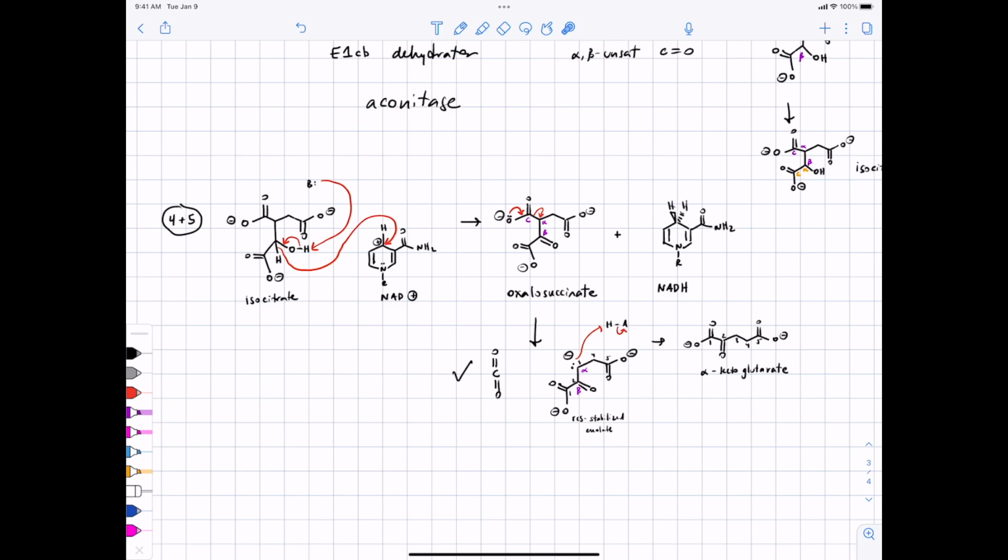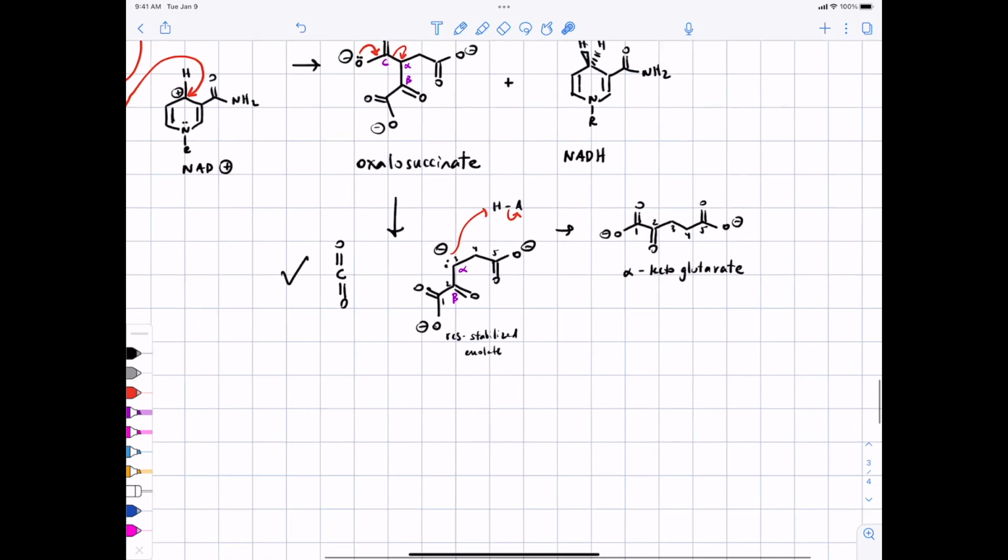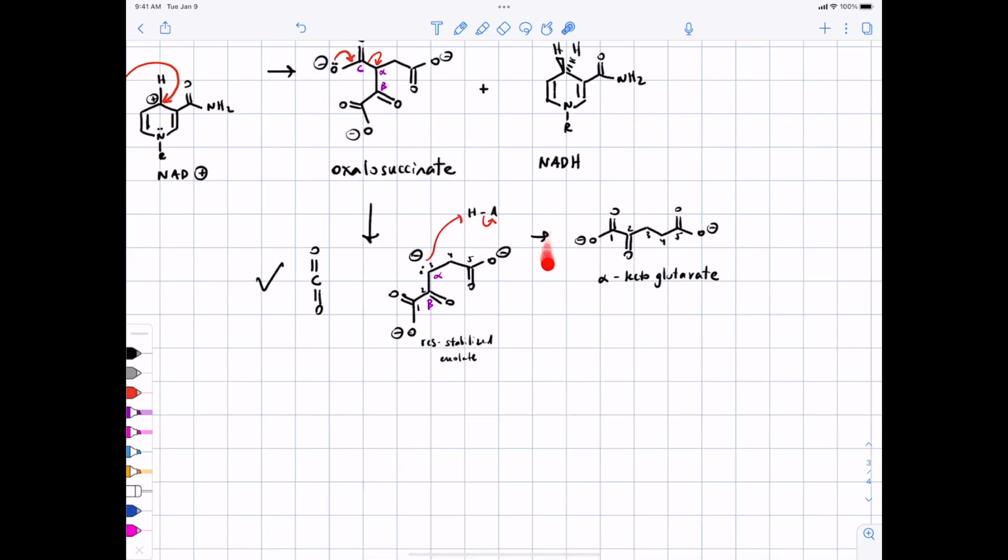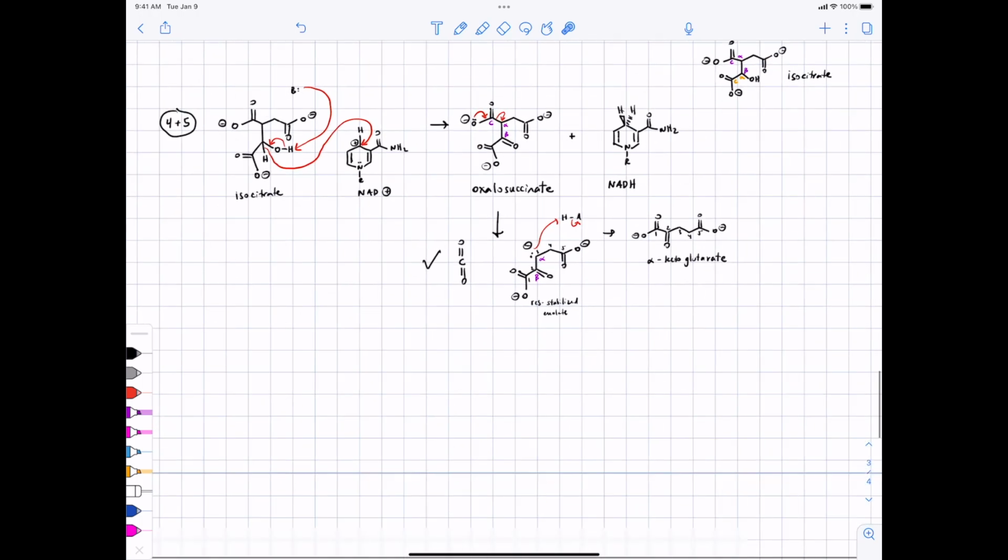All right, and that's halfway through. Alpha-ketoglutarate you can actually take and use to synthesize the amino acid glutamic acid, though we won't really talk about that, but you may learn about that at some point.